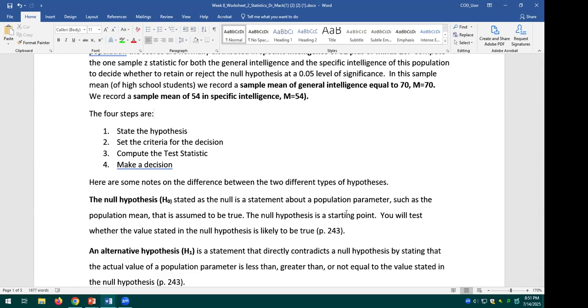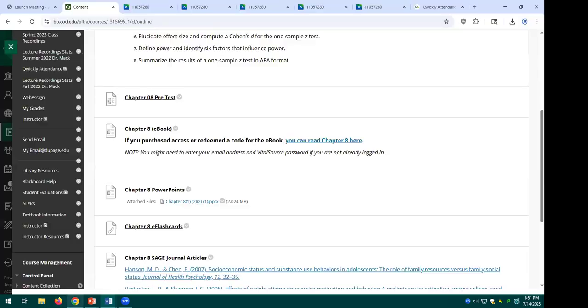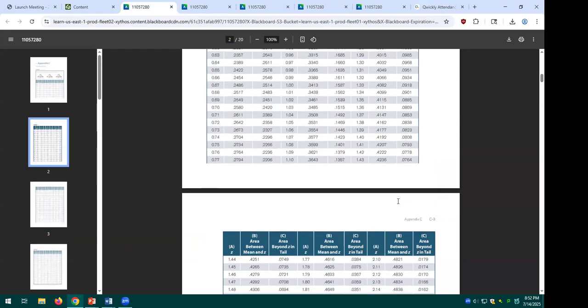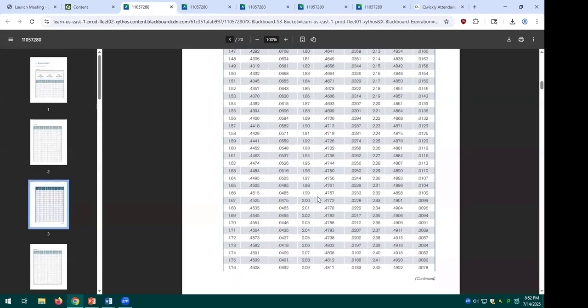So it's still 1.96 we're looking for in our table, for the z statistic, not the z obtained value. So that's where we went back into our chart here and we found 0.0250, and it's a 1.96. The only difference is we're gonna have different numbers for the z obtained value to see if it's the same or not.